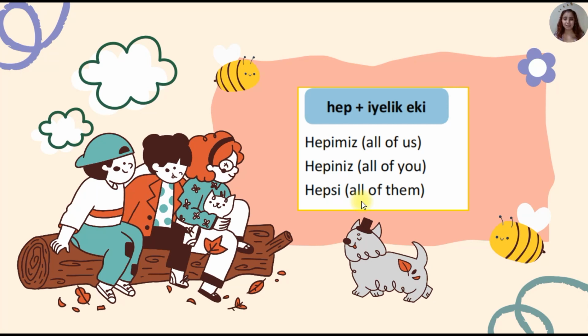Hep is all, and it is already plural. And we cannot use double plural together, and that's why it is not grammatically correct to say all and lar/ler plural suffix together, because we assume that the word hep is already plural, like to say iki çocuk, üç kalem, or bütün insan, something like that. And hepsi is all of them, that's why.